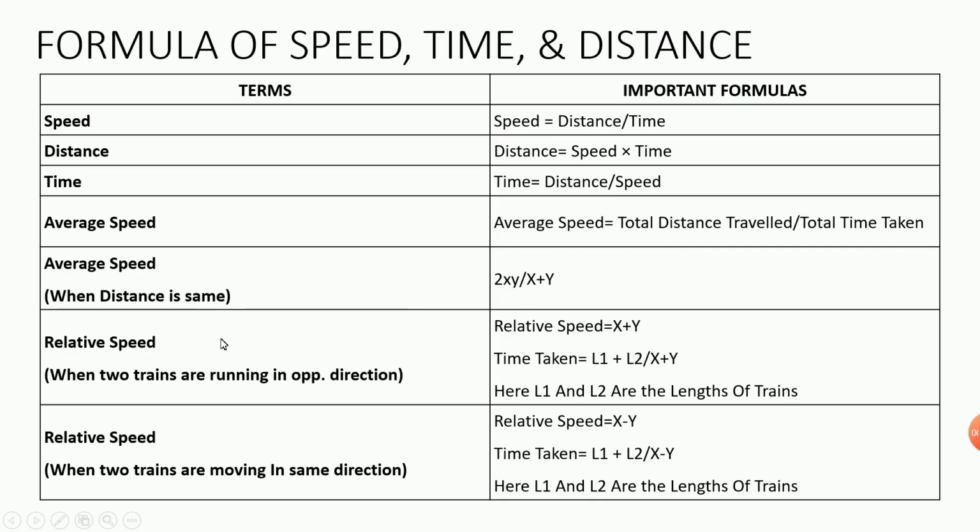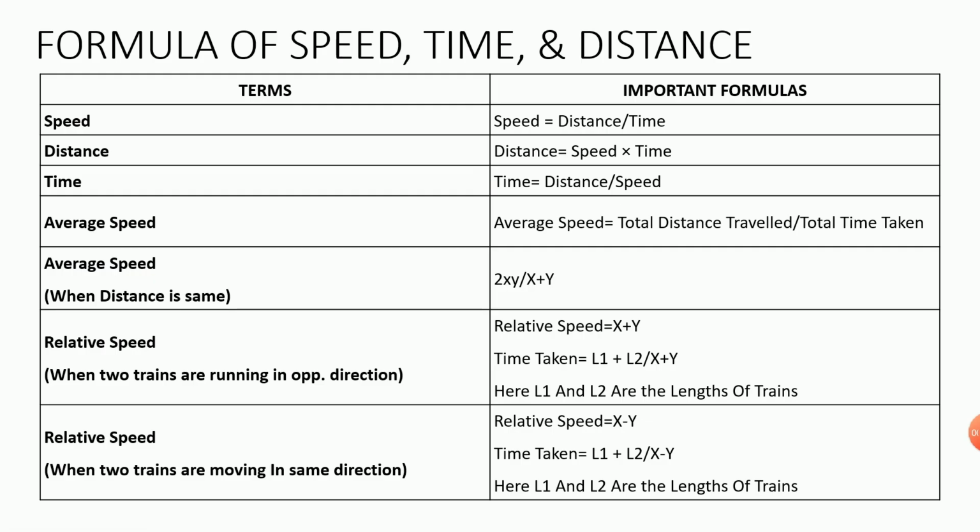And relative speed: when two trains are running in opposite directions, it is x plus y. But when two trains are moving in the same direction, it is x minus y. How the time taken is calculated, everything is here.